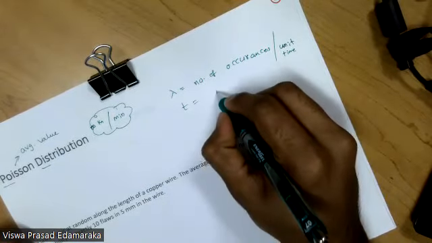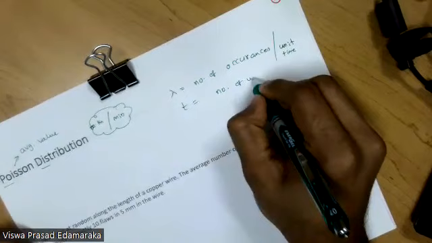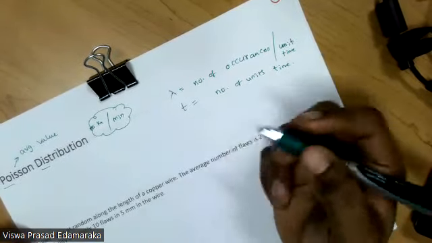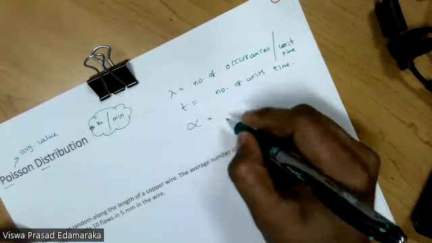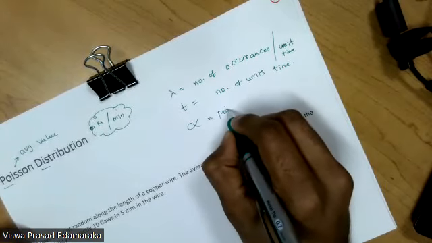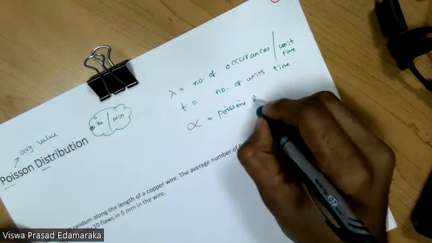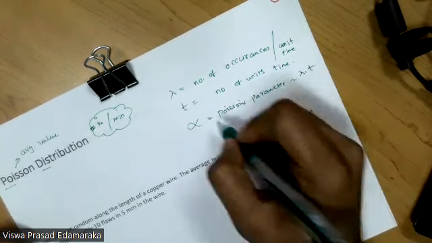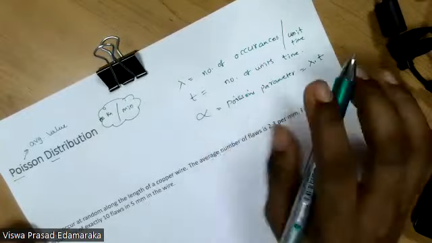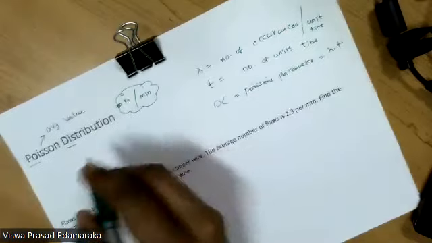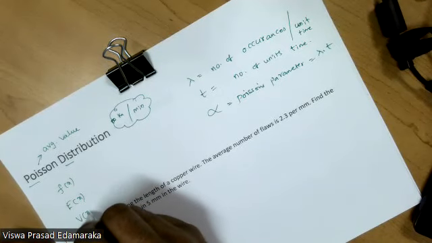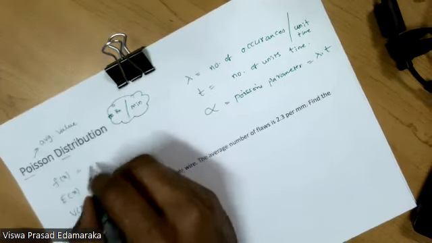And t is the unit of time, the number of units. There is something called Poisson's parameter, that is alpha into t. Simply multiply these two, you will get the number of occurrences, that is Poisson's parameter. F of x, E of x, and V of x. Let's see these three formulas.